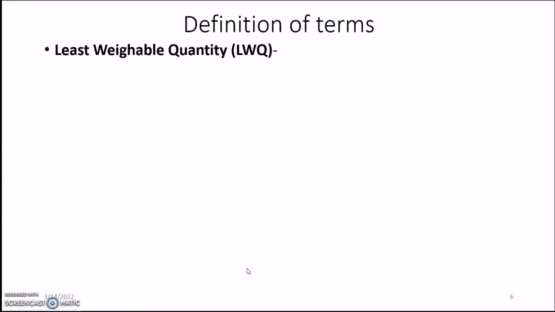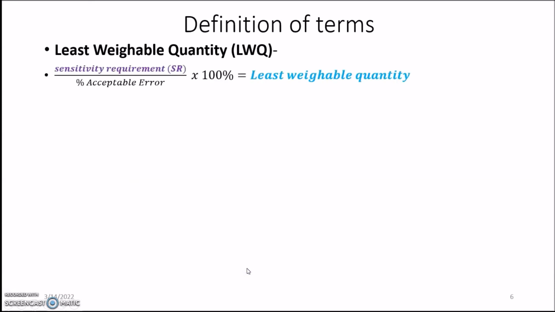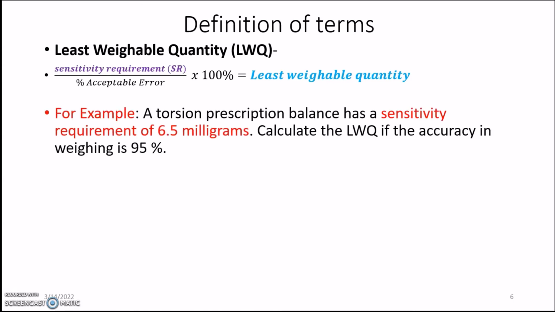Now, when we're talking about least weighable quantity, the equation that is used is sensitivity requirement divided by the percentage acceptable error times 100%. If we are to determine the least weighable quantity, we would definitely need the sensitivity requirement and the percentage error, as seen here. Now, the error is not given, but the level of accuracy of 95% is given.